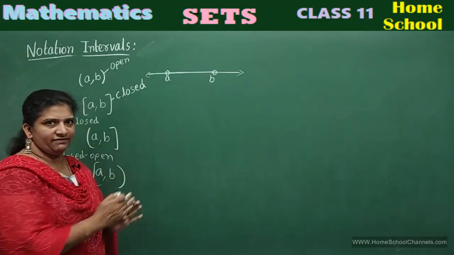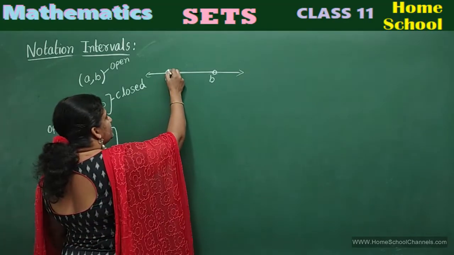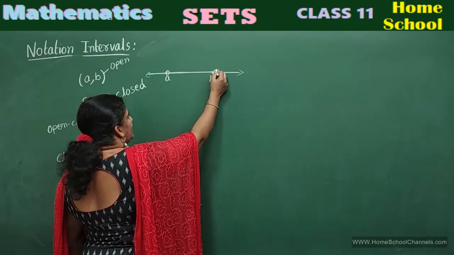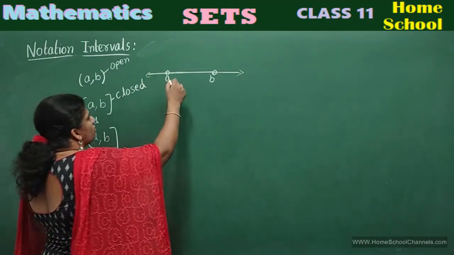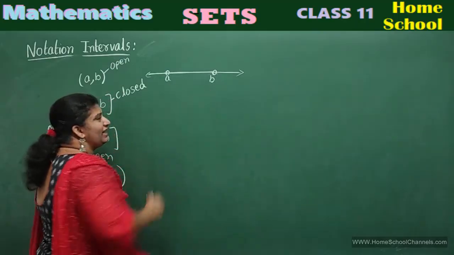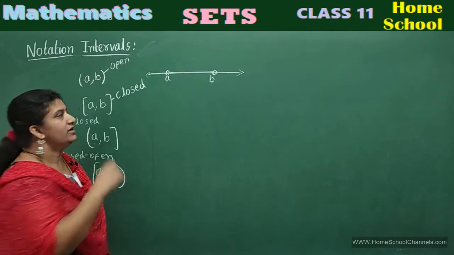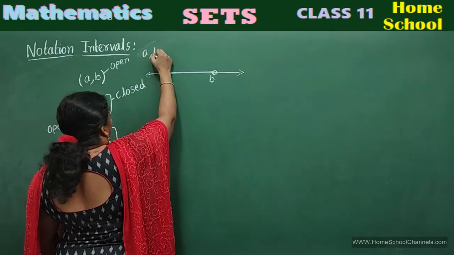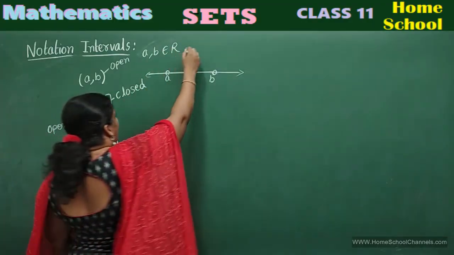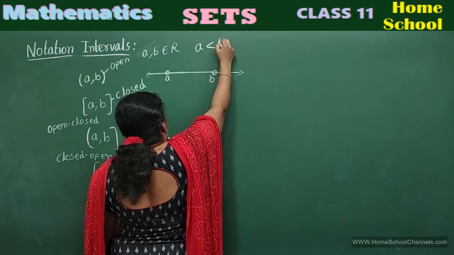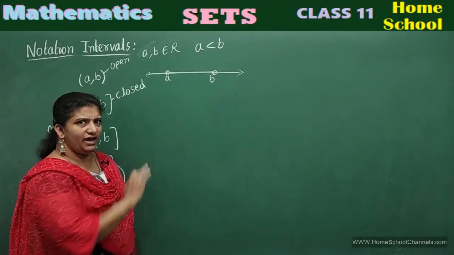So each interval we are going to understand using a number line. Right? See here, this round indicates it is open. So what are these letters A, B? They are having some values. Some numbers are there. Suppose A comma B belongs to real numbers, where A is less than B. That means B is greater than A, right?